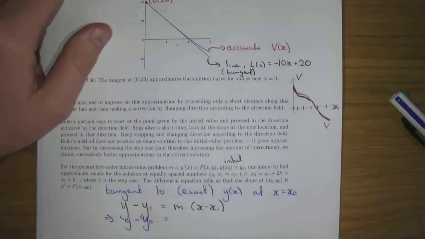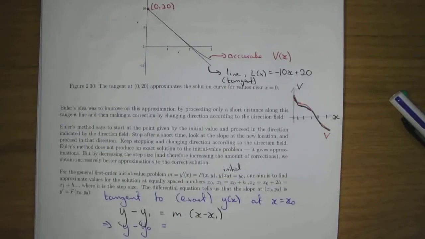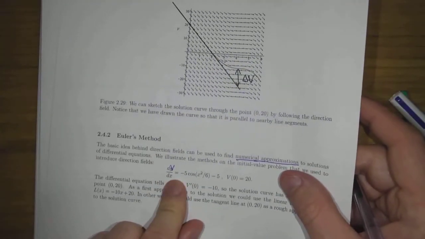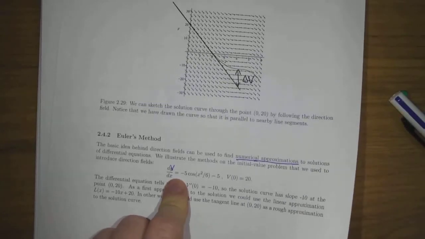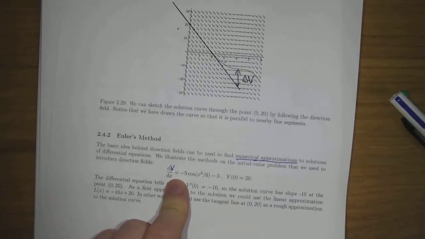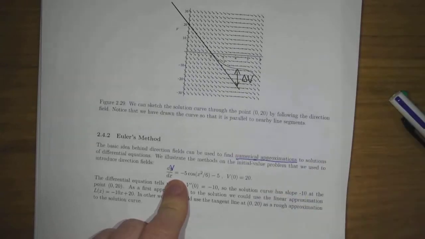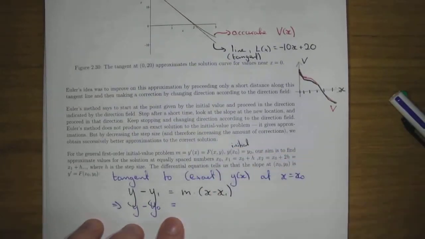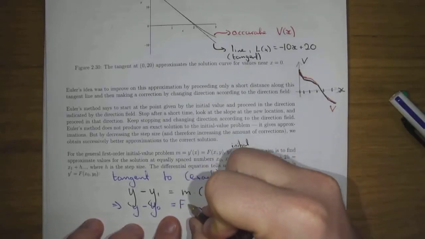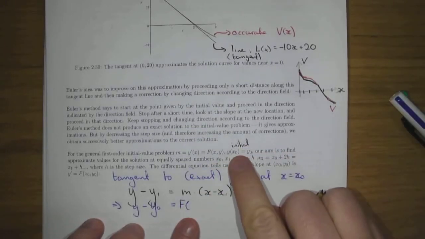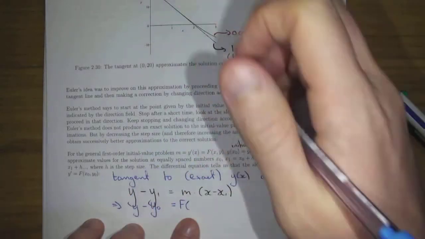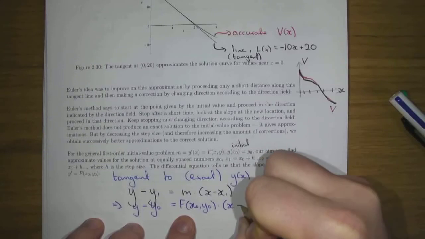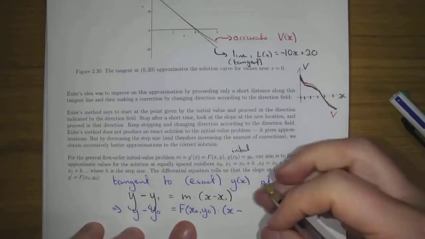The slope is given by the differential equation, which changes, of course, because the formula for the load changes. So you just substitute in the starting x value and y value, the 0 and the 20, times x minus the other x, the point you know about, x0.